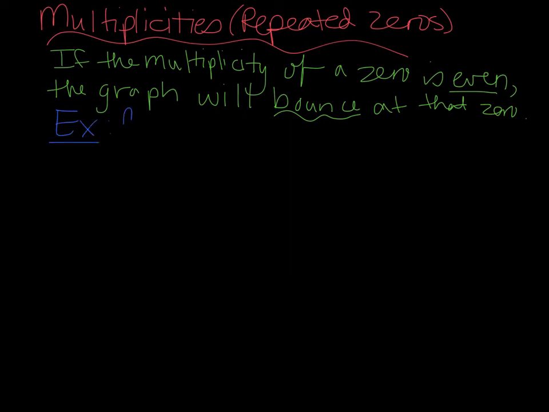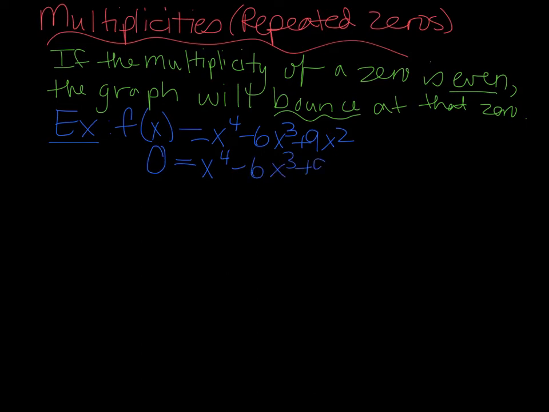So for this example, I have f of x is equal to x to the 4th minus 6x to the 3rd plus 9x squared. So remember, to find zeros, we are going to be setting our f of x equal to 0. And then from there, we need to factor.